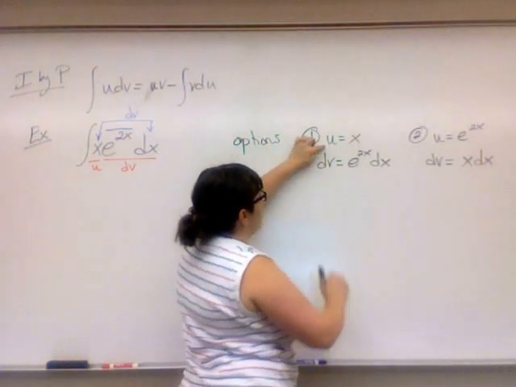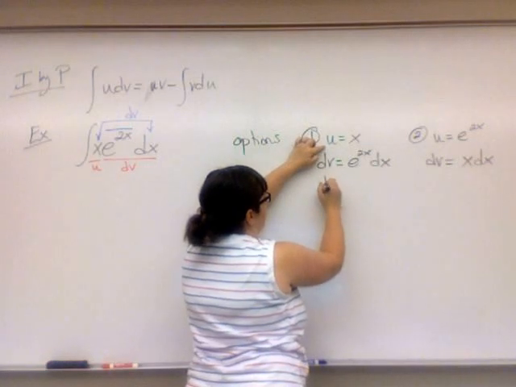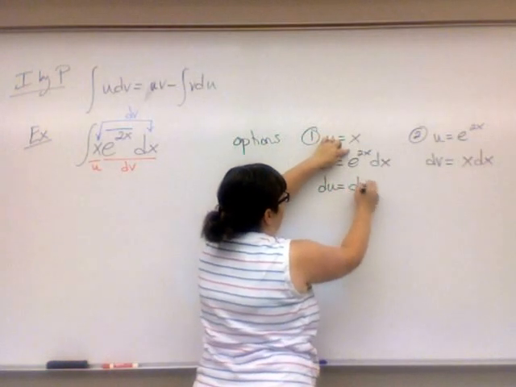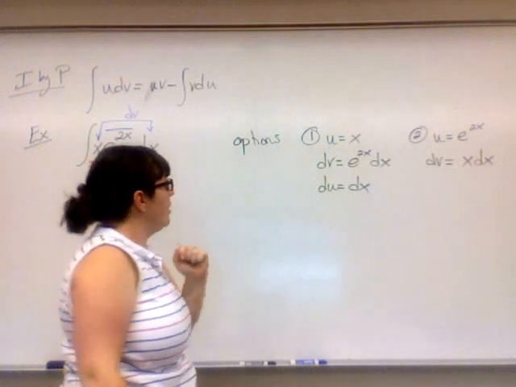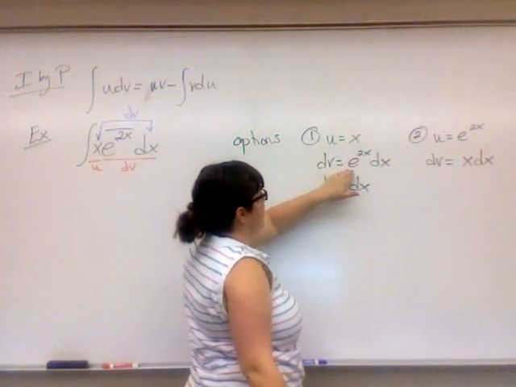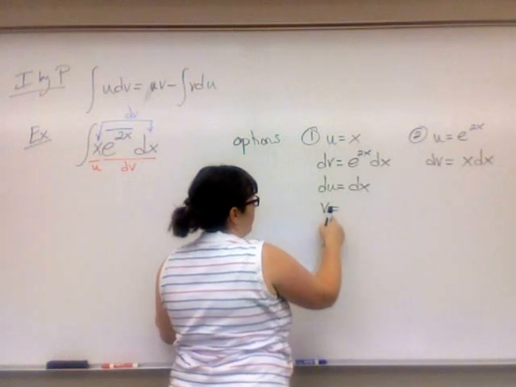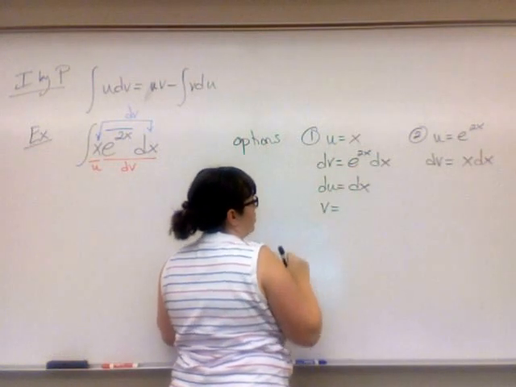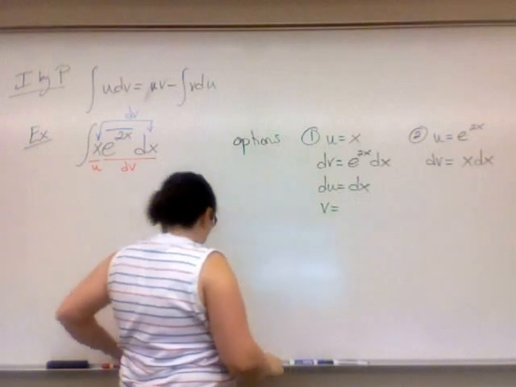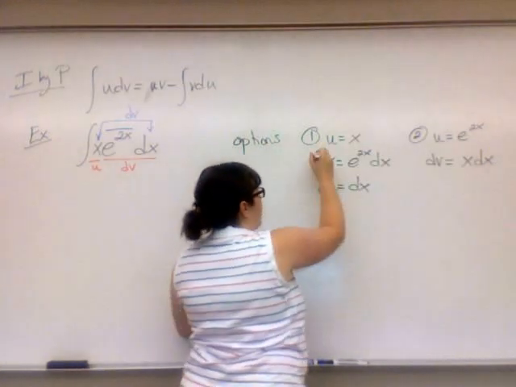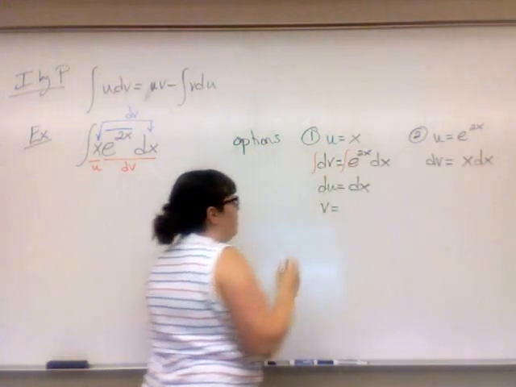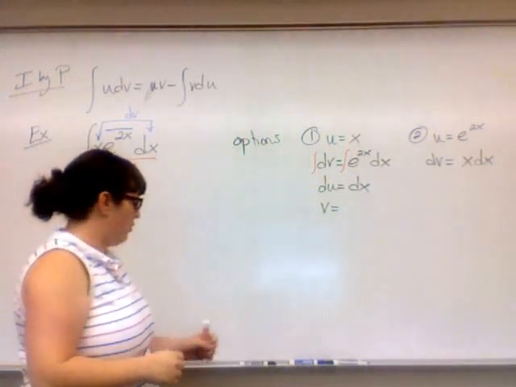So if u is equal to x, then that means that du is equal to dx. And if dv is equal to e to the 2x dx, then that means v, which is the antiderivative here, is just the antiderivative of e to the 2x. You can imagine two little tiny antiderivatives going right here to undo that derivative notation there.